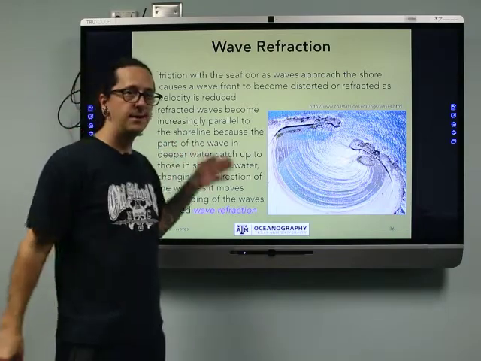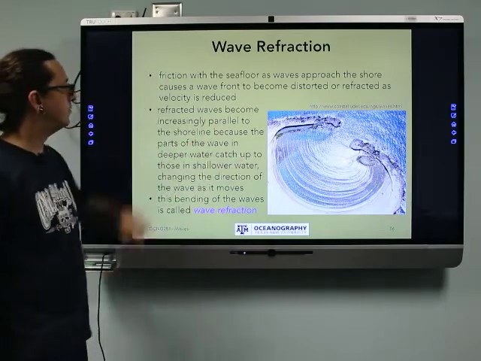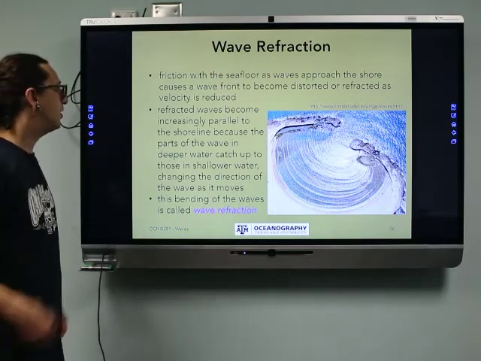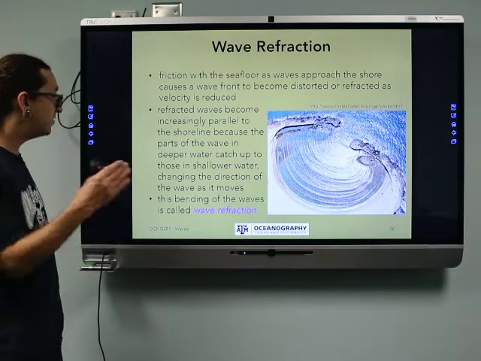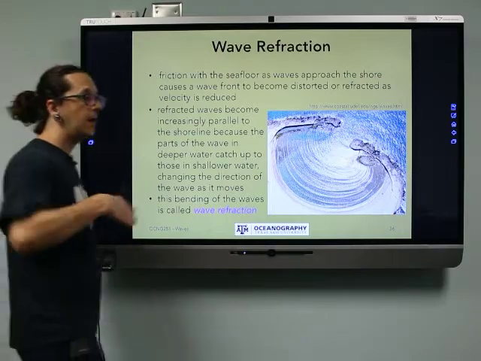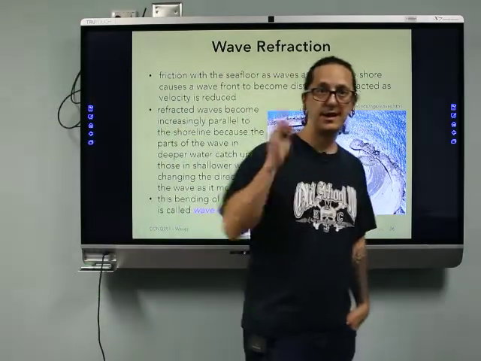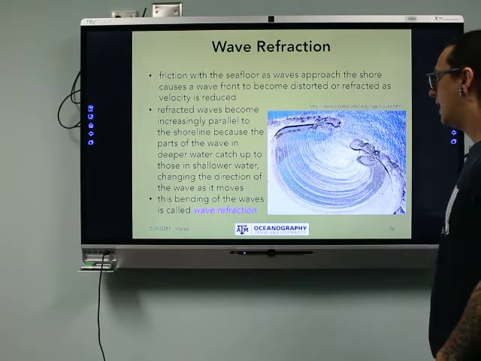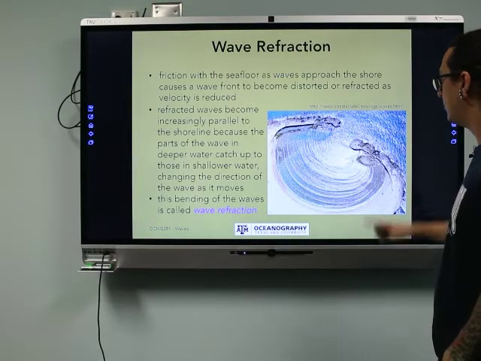Sorry, I was thinking about the shape of the wave, not multiple waves here. So the parts of the wave in the deeper water catch up to those in the shallower water, and it changes the direction of the wave as it moves, and it happens to change it so that it's parallel to the shore. This bending of the waves is called wave refraction.